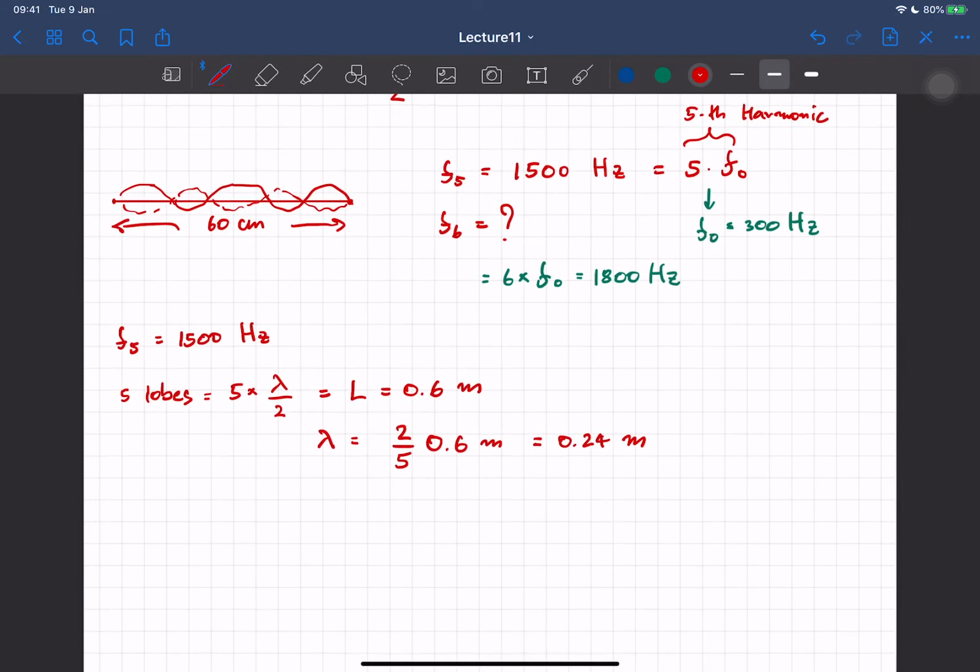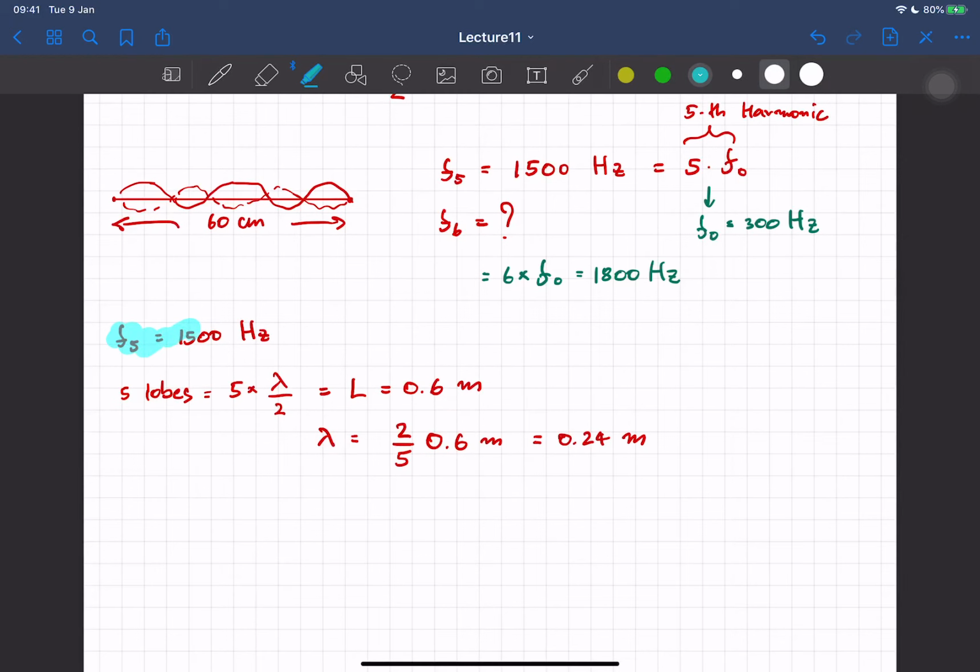Okay, so we know the frequency and we know the wavelength, so we can calculate the velocity of the wave: v equals f times lambda, and that's going to be 1500 times 0.24, equal to 360 meters per second.